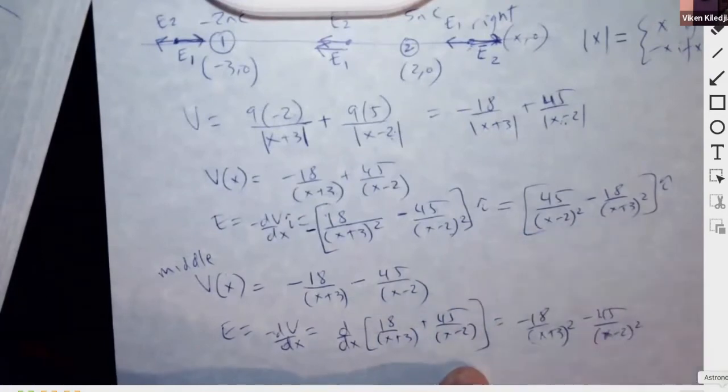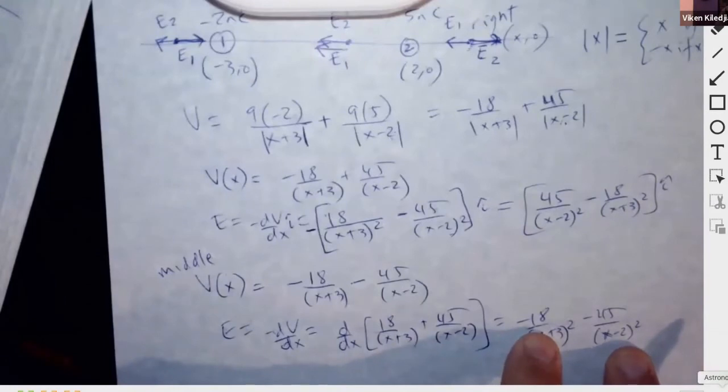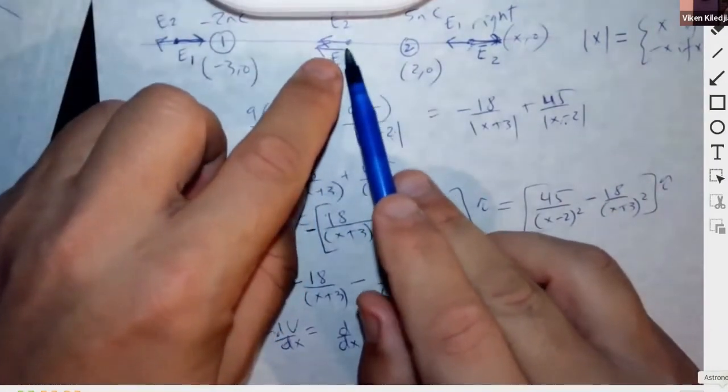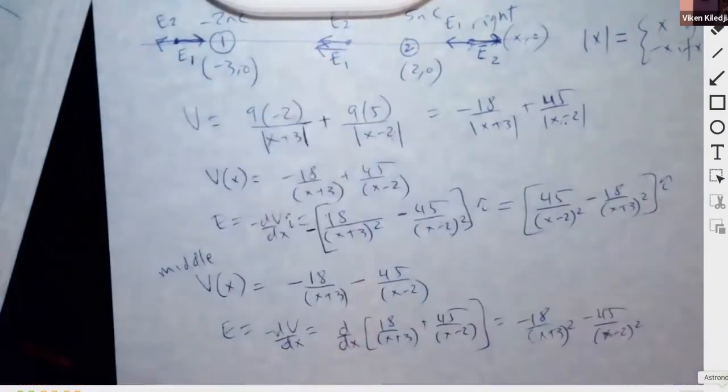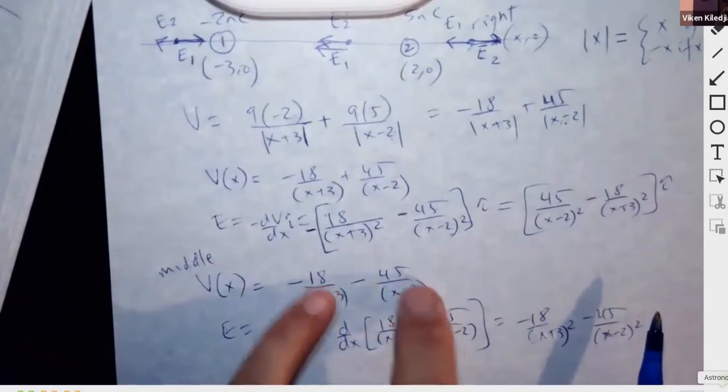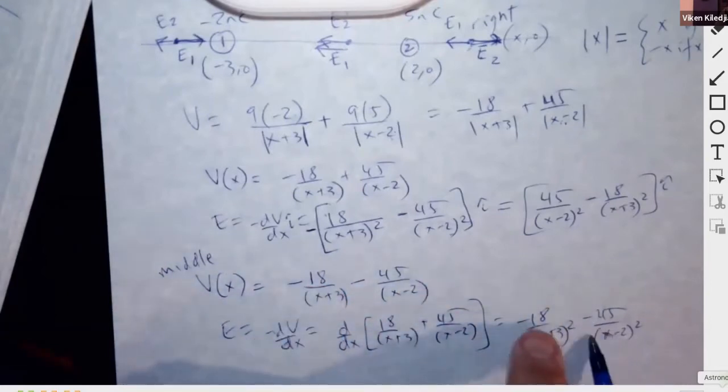There you have it. It's already telling you that the electrical field from both of them is to the left. You see? Both of them are to the left. So to find the electrical field, you just add them, and then you put a negative there. Isn't that crazy? As long as you got this correct, negative the derivative of that takes care of the direction of the electrical field.